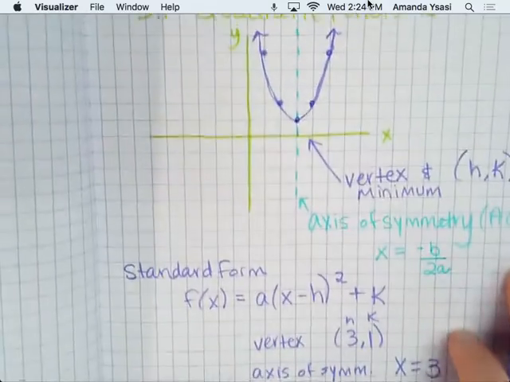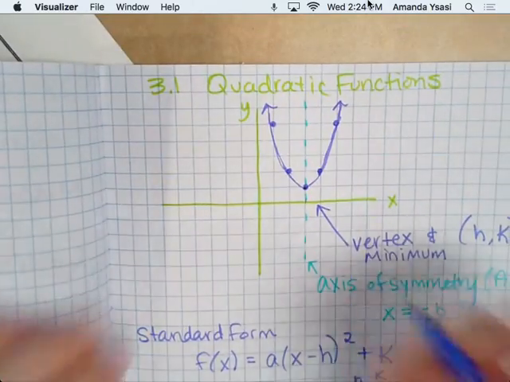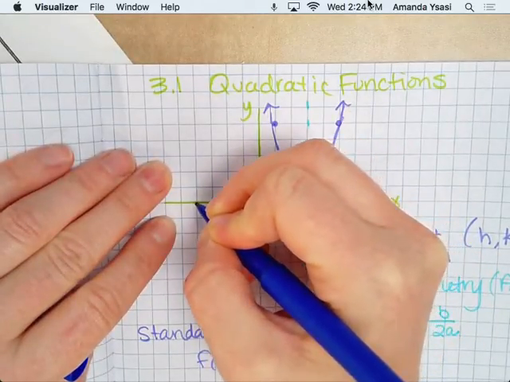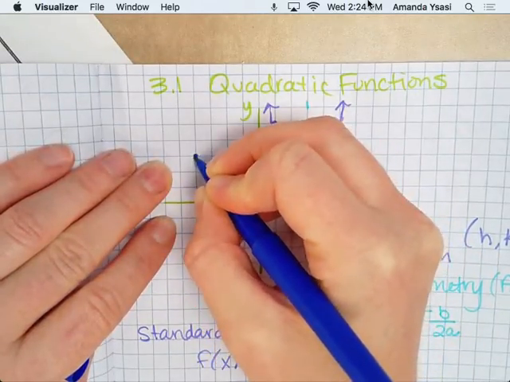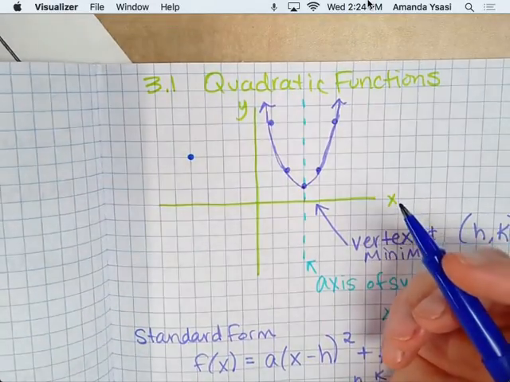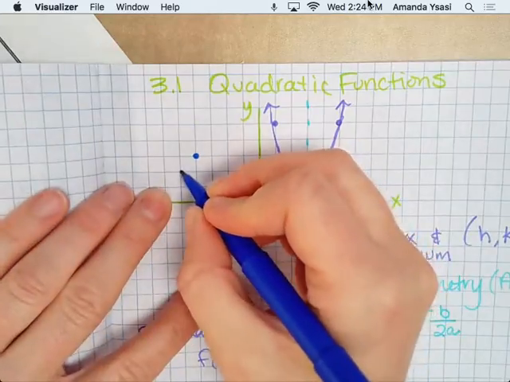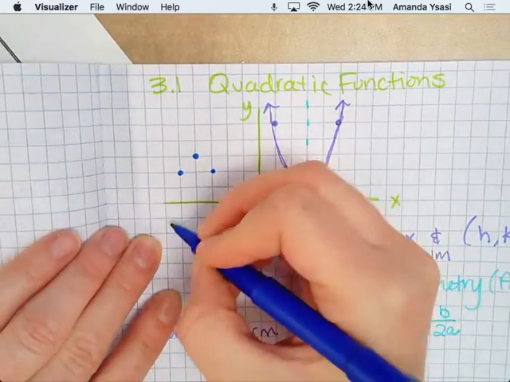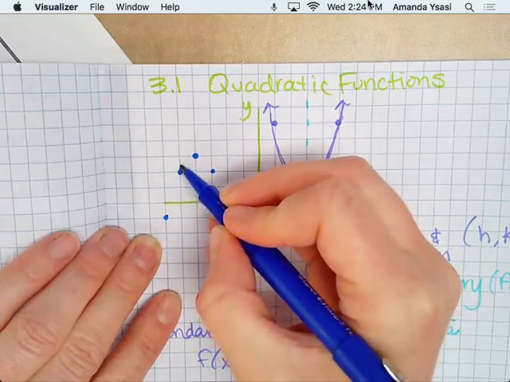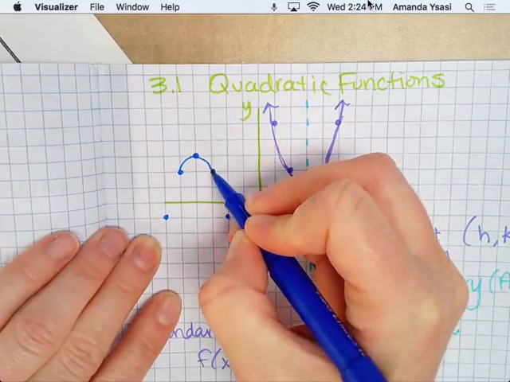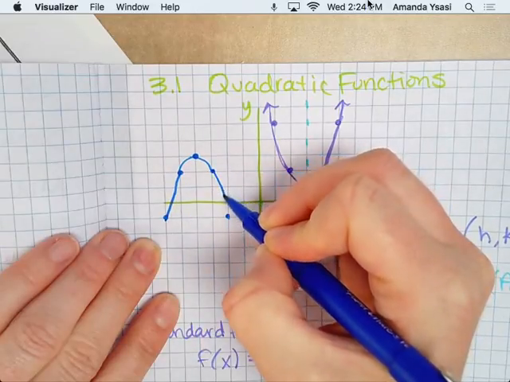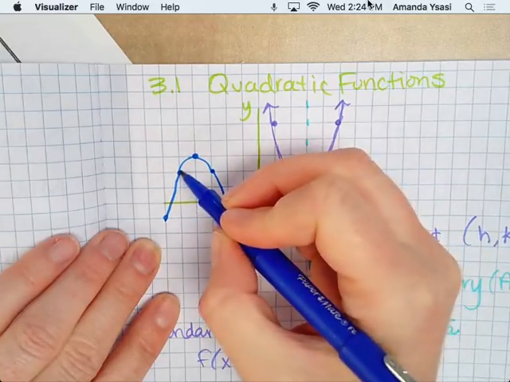But if we have another function, I'm going to graph another function. I'm going to do it 1, 2, 3, 4, negative 4, 3. I'm going to do the same thing where it has the same width. There we go.